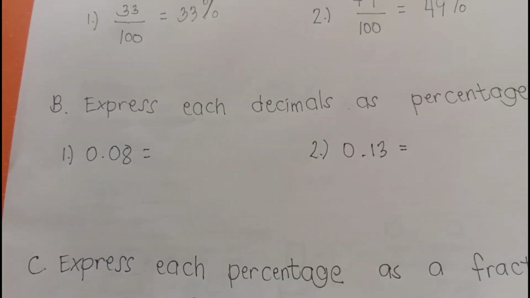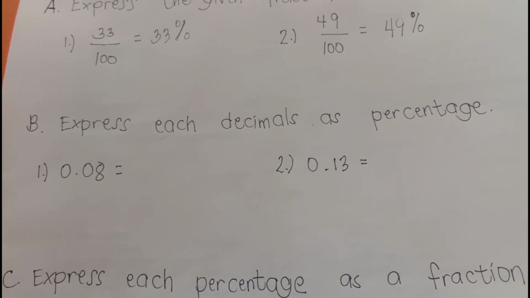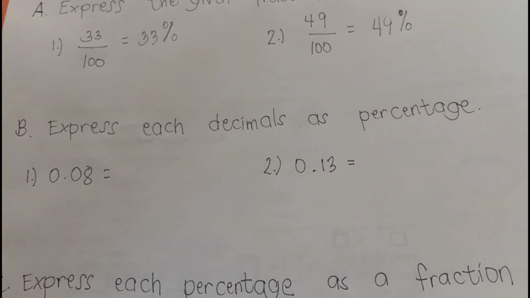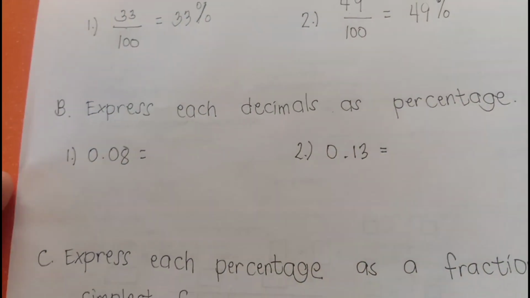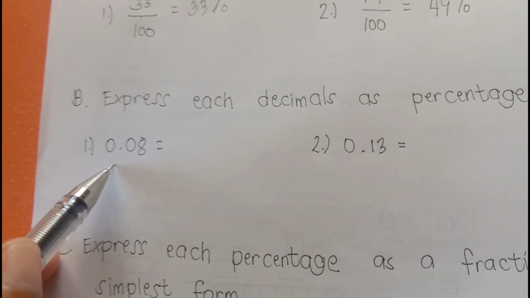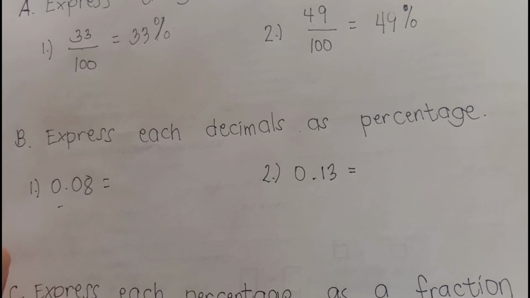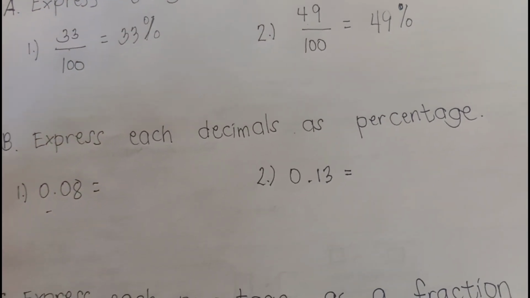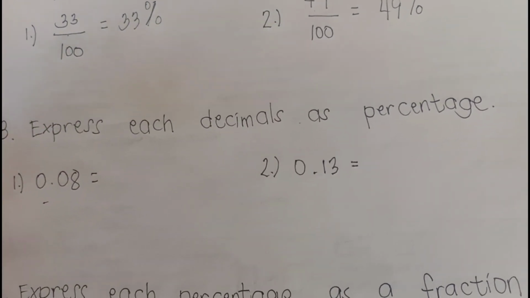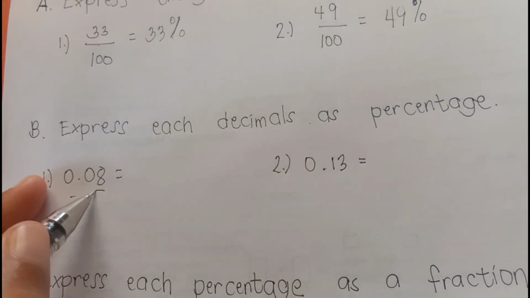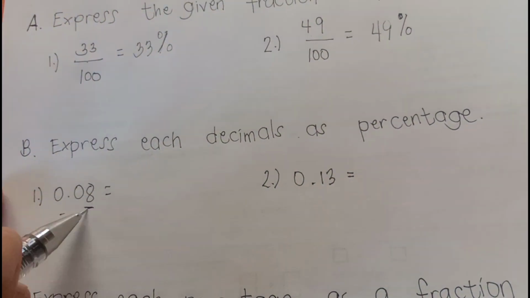Okay, so letter B: express each decimal as percentage. If the given is a decimal, you're going to express each as percentage. So how to do that? You just copy the value of it, which is 8.